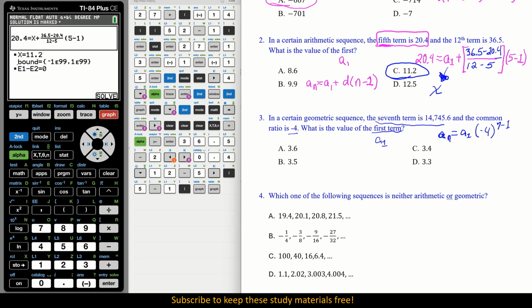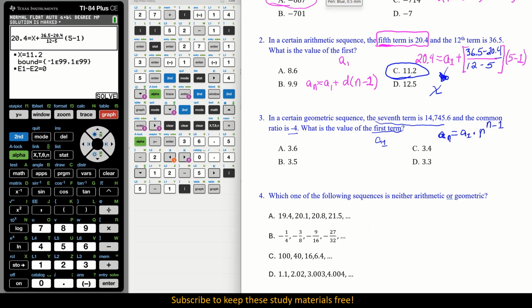Okay, don't forget that it's n minus 1. Actually, I think probably what would be best is for me to write that in general terms. Okay, that would be times our r to n minus 1. That would be our sequence.